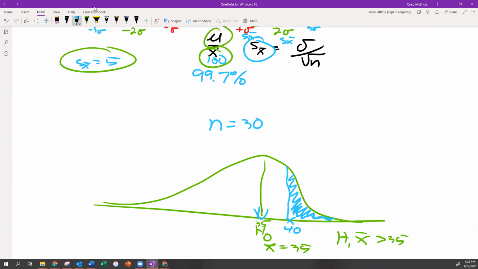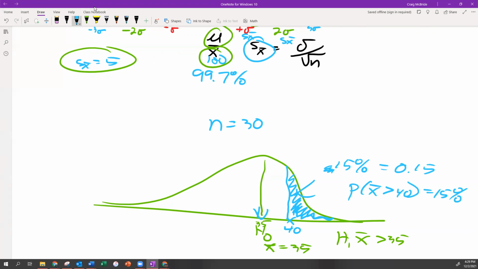It'd be centered on 35 because that's the population mean. Then we could calculate the standard deviation and find the area under the curve greater than 40. Let's say that area is 0.15, or 15%. So the probability of getting a sample greater than 40 is 15%, or 0.15.